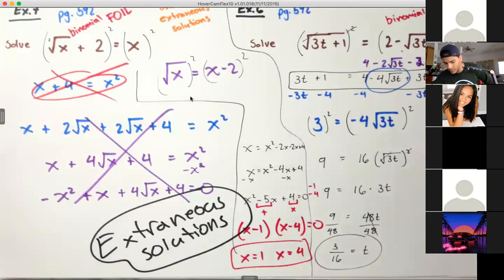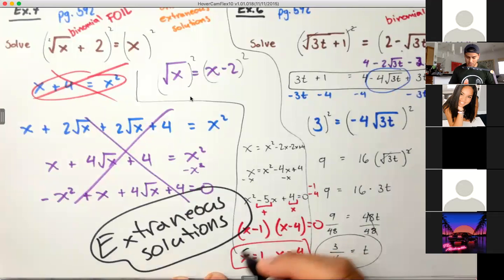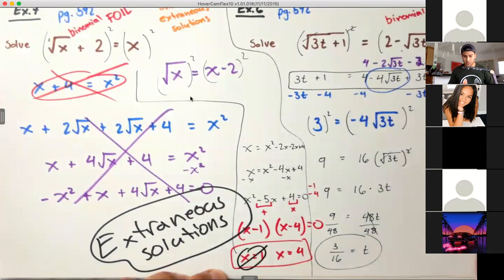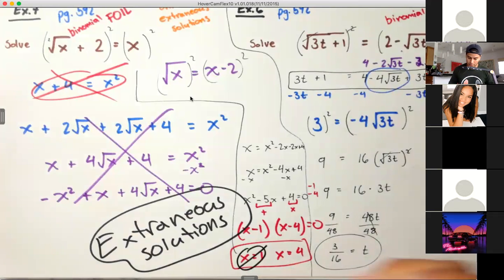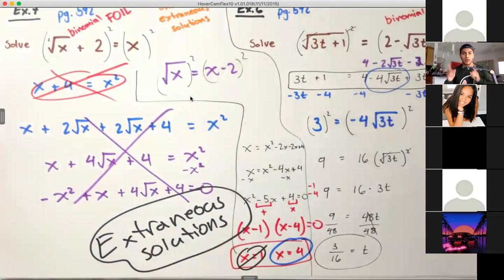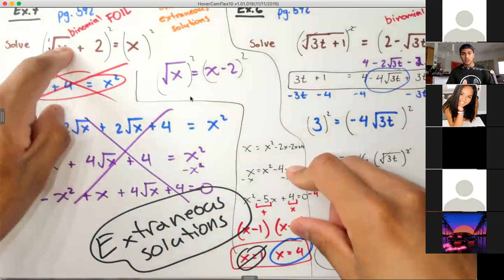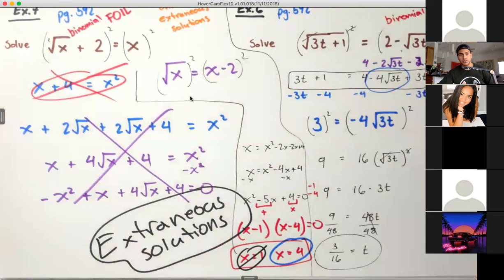If we do this, we will see that x equals 1 is an extraneous solution. So the only actual solution that you have is going to be x equals 4. And that's basically it. Whenever you solve these radicals, remember, raise the entire both sides to whatever power the root is, and also check for extraneous solutions at the end.